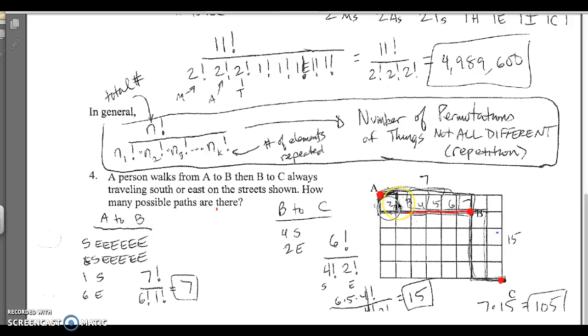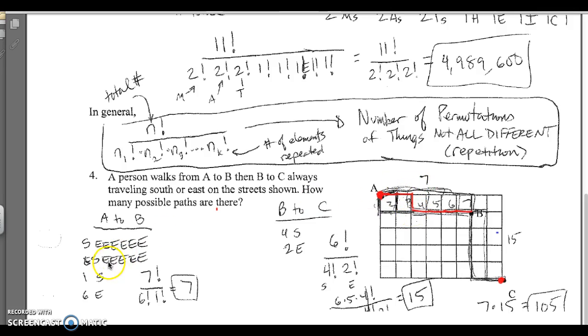Or I can do east, south, east, east, east, east, east, which is, looking at this, you still have 6 E's. You only have 1 S. You can do another way. You can go east, east, south, east, east, east, east.